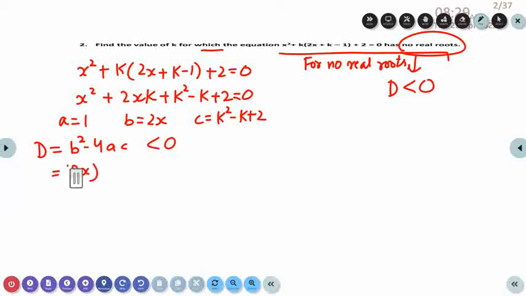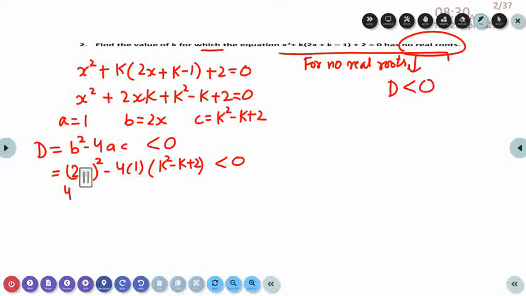This will be 4k square minus 4 in brackets k square minus k plus 2.